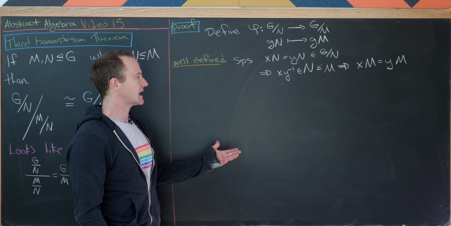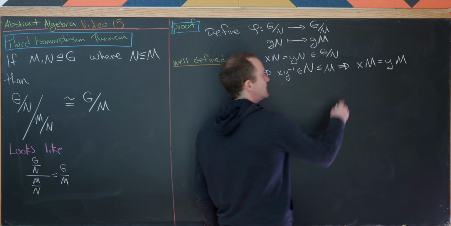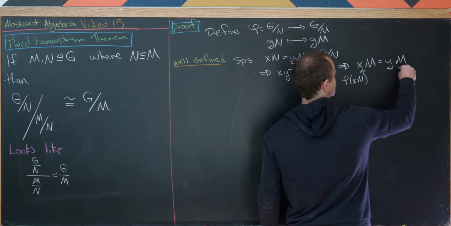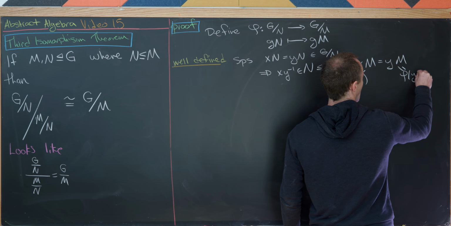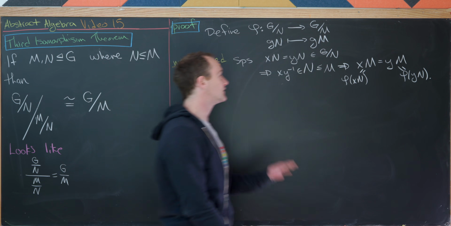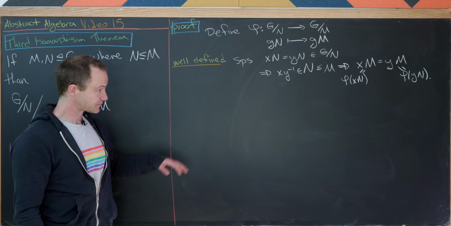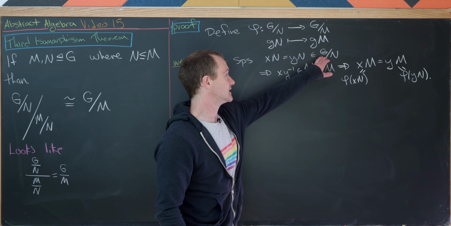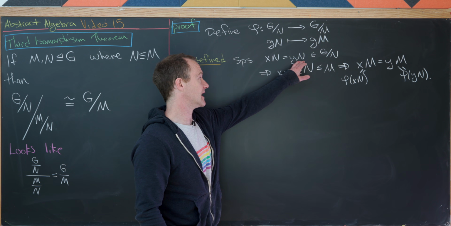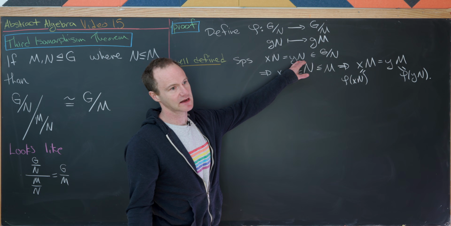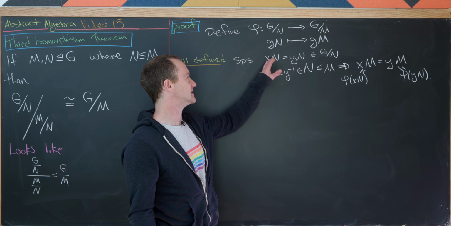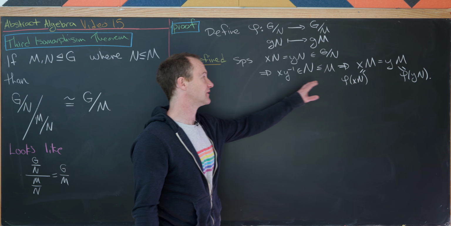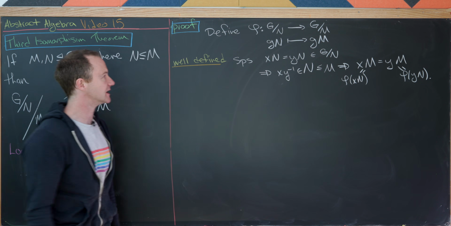But now we can just make our replacement with our map. This is equal to phi of xn, whereas this is equal to phi of yn. So we've shown that it's well defined. We've shown that we can take an element from this quotient group that might have different names. By different names, technically here I mean we could take different coset representatives, and we show that they get mapped to the same place.